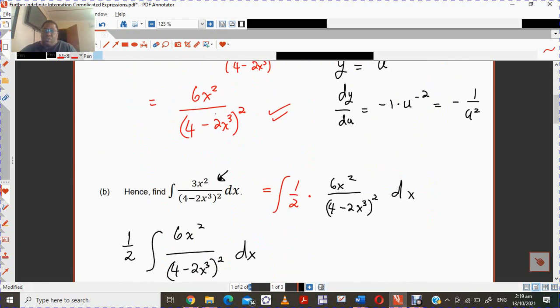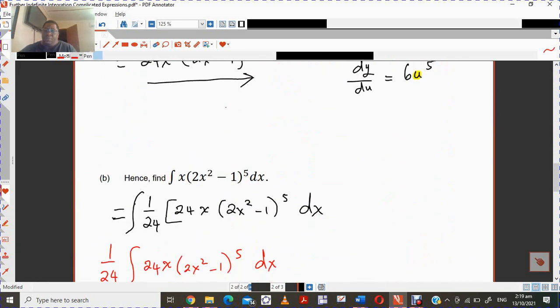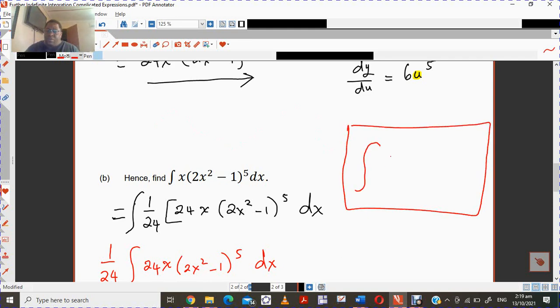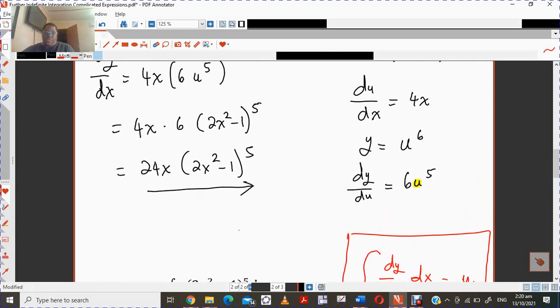Also consider the concept that the antiderivative of the derivative gives you the function, whatever our y would be. Then you say that function plus the constant of integration. Don't forget to put your plus c. It's very important.